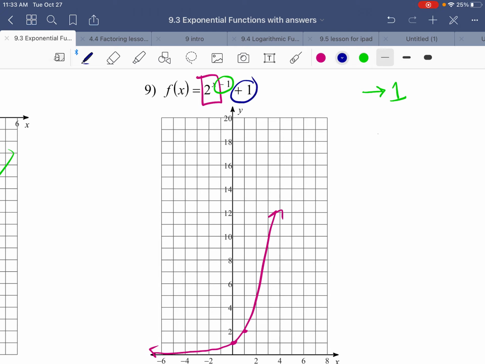This one moves it up 1. So I need to move those points right 1, up 1. So I've got right 1, up 1, right 1, up 1, and the asymptote also moves up 1. So my new shape looks like that.